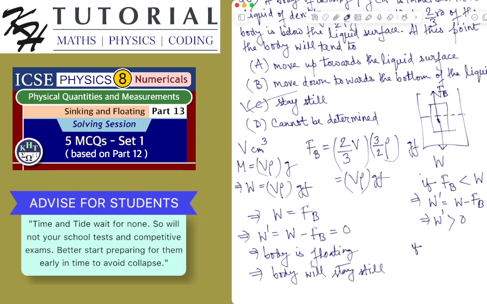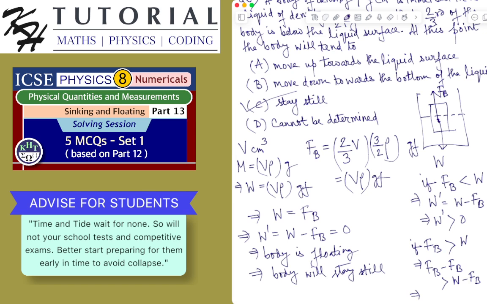And if FB is greater than W, this implies that, if I subtract both sides of this inequality with FB, I get FB minus FB greater than W minus FB. In an inequality, I hope you know, you can subtract or add any non-zero constant value and the inequality remains the same.